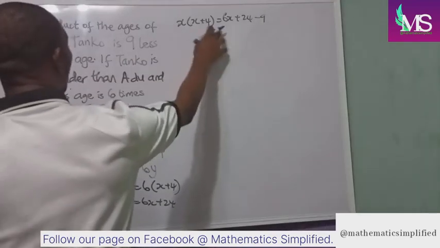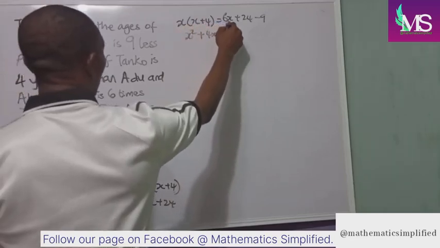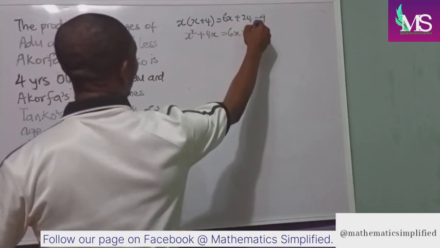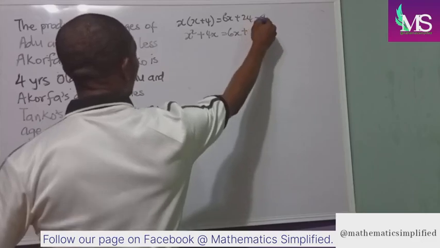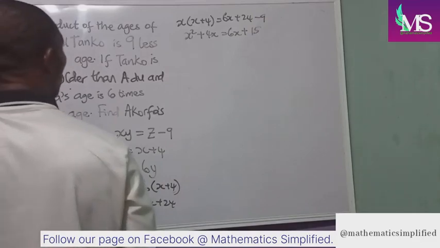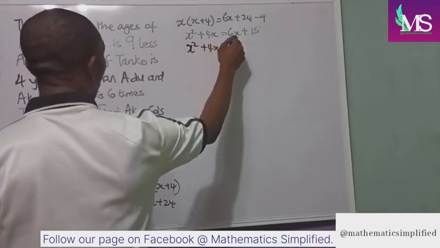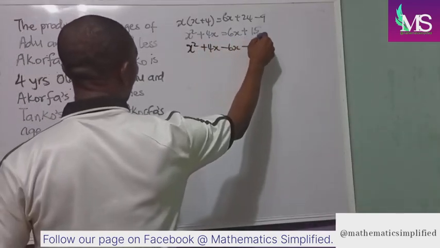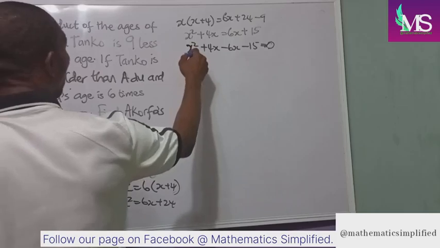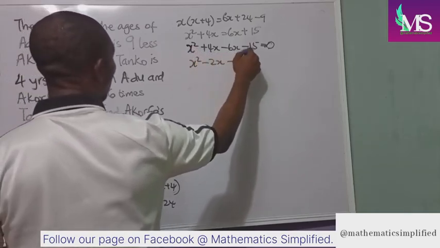Okay, now this will give us X squared plus 4X equals 6X plus 15. Okay, now collecting like terms, this will become X squared plus 4X minus 6X minus 15 equals 0. Okay, now with this, we can do X squared minus 2X minus 15 equals 0.